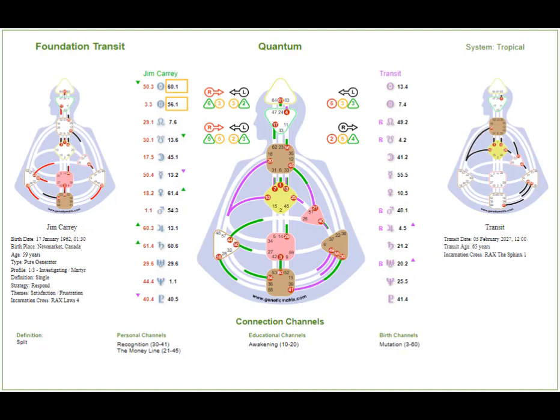And you can also see here some purple arrows on the foundation side of the design that are fixing what are normally unfixed lines in this person's line in detriment. So the second line, the bigotry line of the 13, is fixed in detriment with the conscious Mercury.